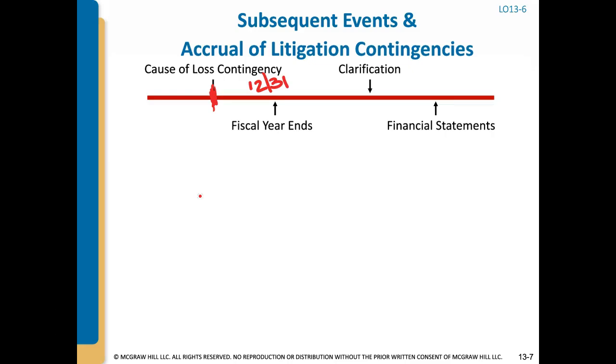So we have a tax dispute with the IRS that we think is probable, but we can't estimate the amount. In that case, we would just disclose in the notes. At year end, 12/31, we're just going to disclose in the note because it's probable, but we can't estimate how much we're going to have to pay to the IRS for this tax dispute.